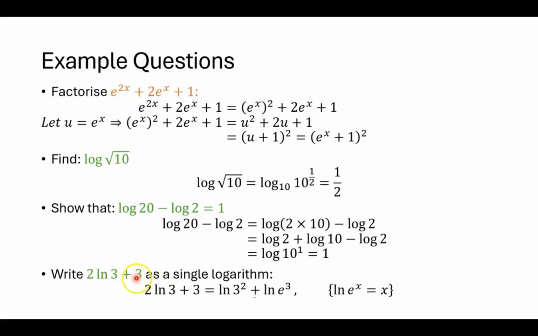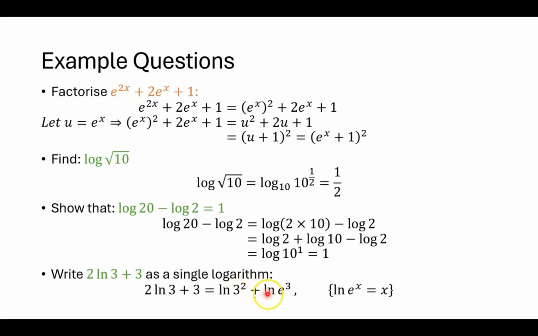For the term before, 2 times ln of 3, whenever you have a number multiplied in front of a log or ln, you can move that number to the inside as the index of that number. So it will be equal to ln of 3 to the power 2.